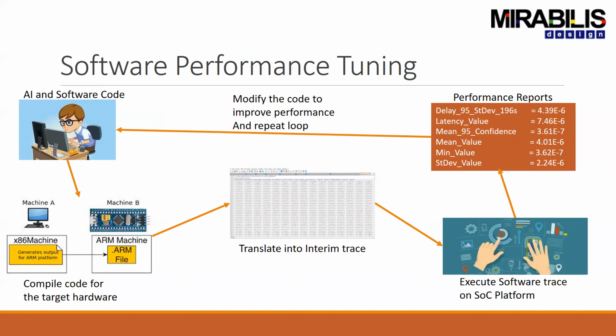Then we run it on the real board for comparison purposes, or we run it using the Gem5 simulator to get the executed trace from it. Once we get the executed trace, we generate something like this.